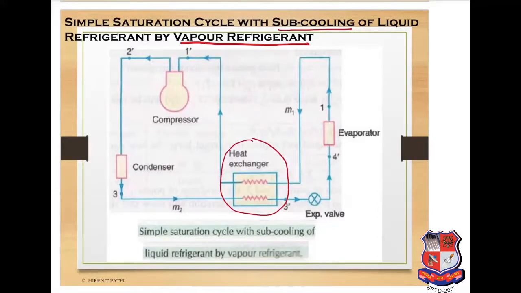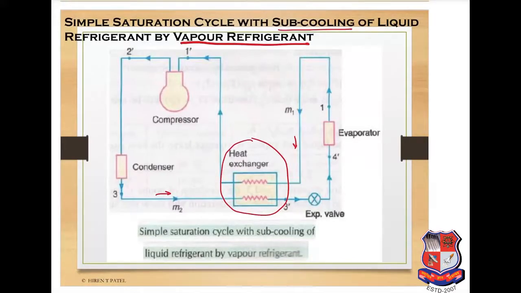So here we can see that a heat exchanger is provided in the system. So as we know, the liquid refrigerant leaving the condenser is at a higher temperature than the vapor refrigerant leaving the evaporator here and here. So both are having different temperatures.